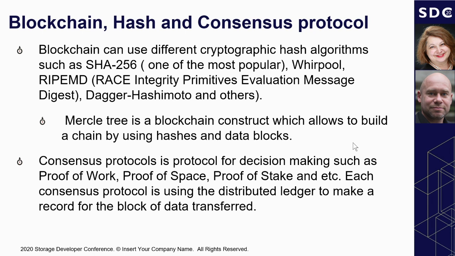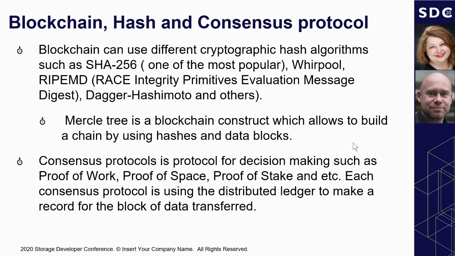And so we covered hashes, right? Then another concept which is commonly used is called consensus protocols. A consensus protocol is used in the decision-making process to make a record valid in a distributed ledger.